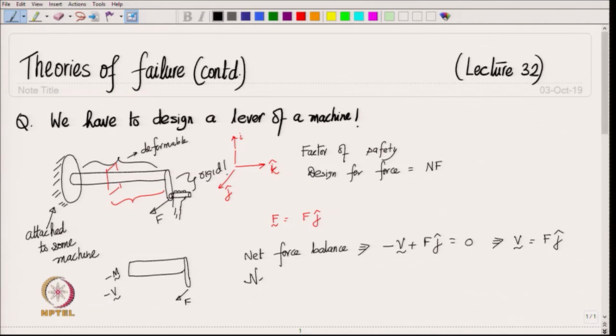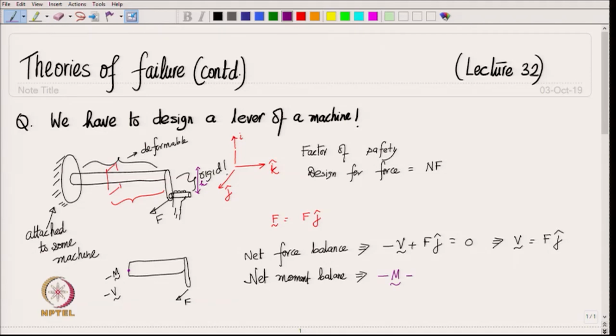So, when we do moment balance, let us say about the center of the cross section over here. So, about this point. So, we will have minus of M, correct, plus the moment due to the force F. So, how much is that going to be? So, suppose that this length over here, that is h. Okay.